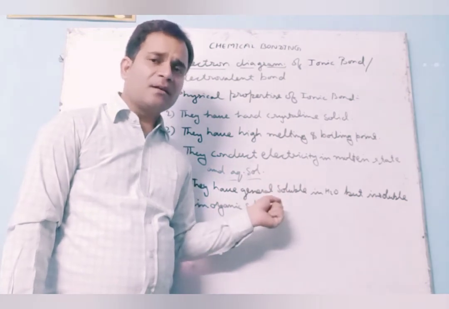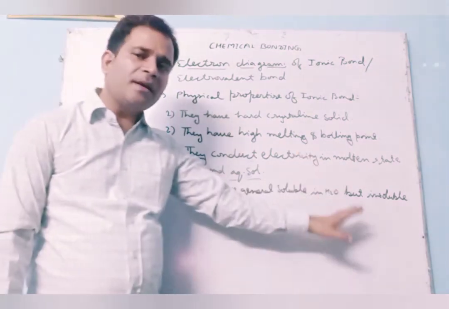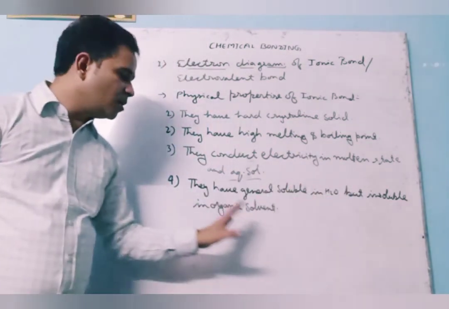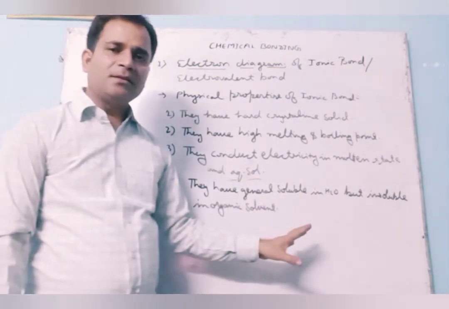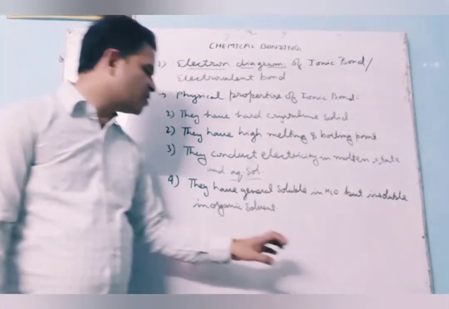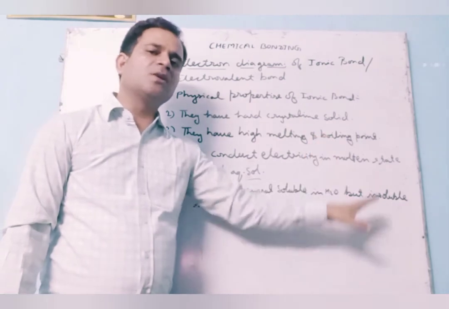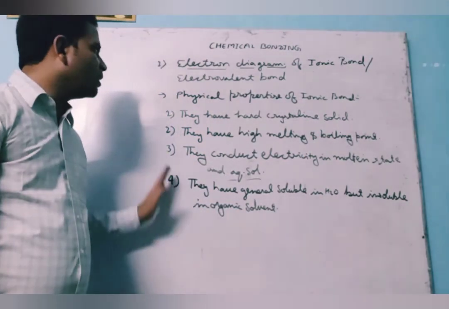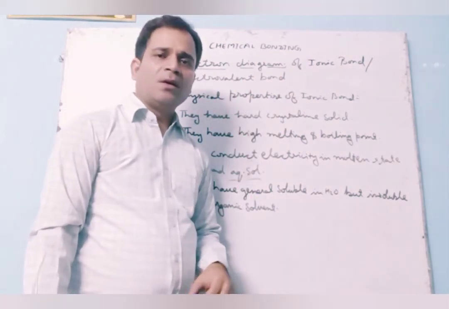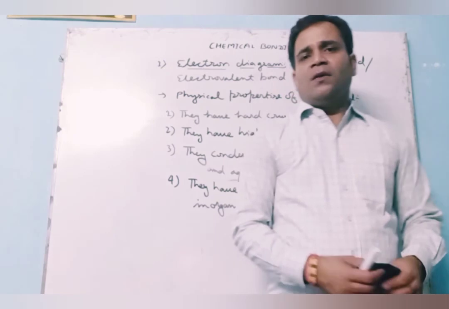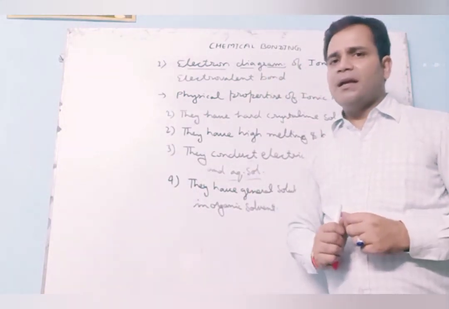Generally, I am saying, because some are insoluble also, but most ionic compounds are soluble in water but insoluble in organic solvents such as petrol and diesel. These are all organic solvents in which sodium chloride or any ionic compound does not dissolve. So these are all the physical properties of ionic compounds, and we should remember all these things that I teach in this class.